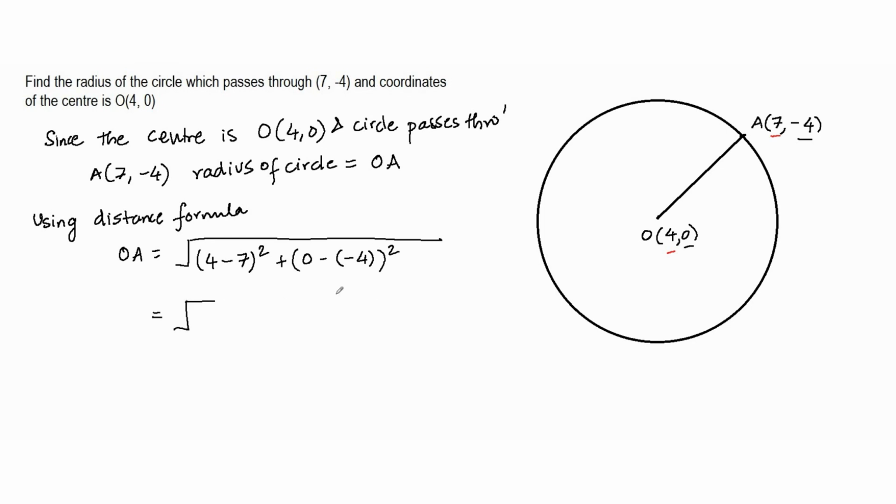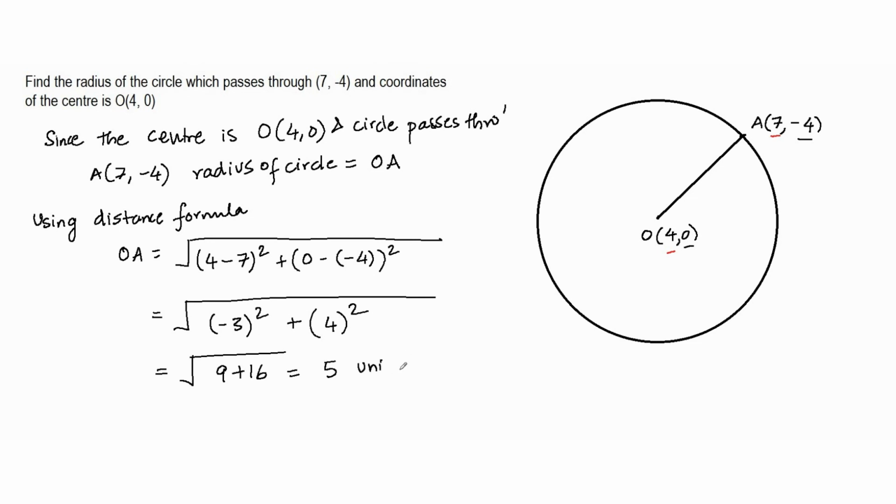And that is going to be square root of (4 minus 7 is -3) the whole square, plus the difference is going to be 0 plus 4, that is 4 the whole square, and that is going to be square root of 9 plus 16, which is square root of 25, and that is 5 units. So I can say that the radius of the given circle is therefore equal to 5 units.